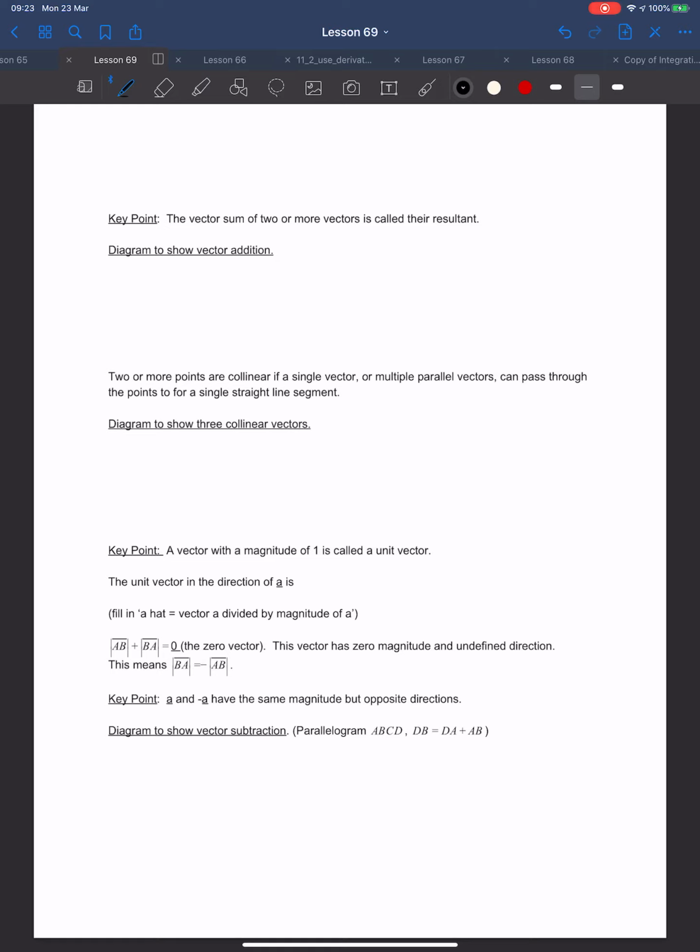So if we do AB, BC, that's vector A to B. Then if we add on to it, nose to tail, that's the nose, that's the tail of the next one, BC, and that is the same as the vector AC. So the vector AC is vector AB plus vector BC.